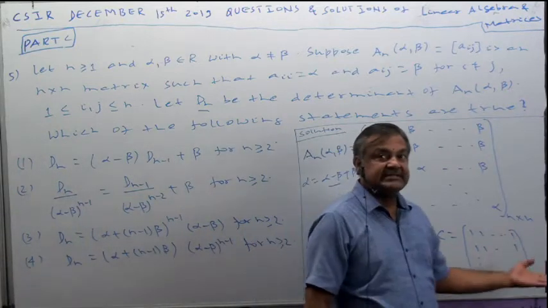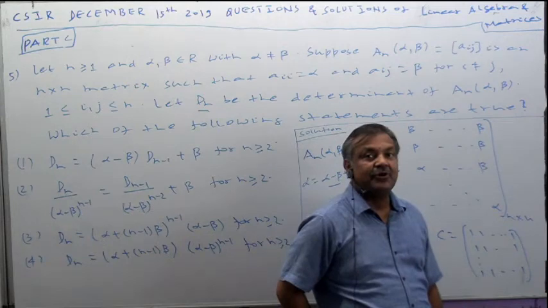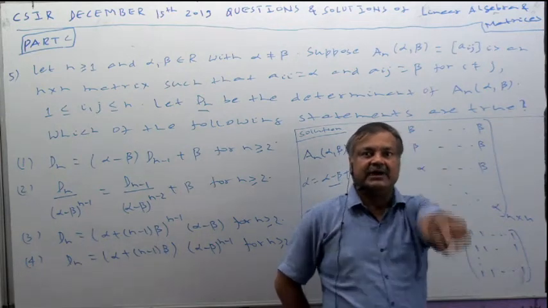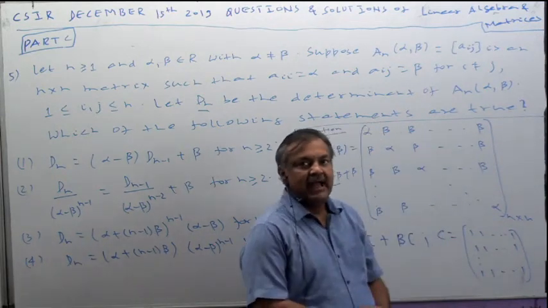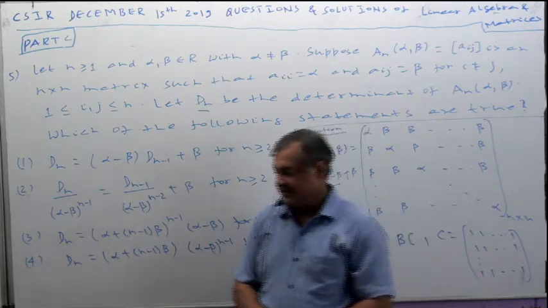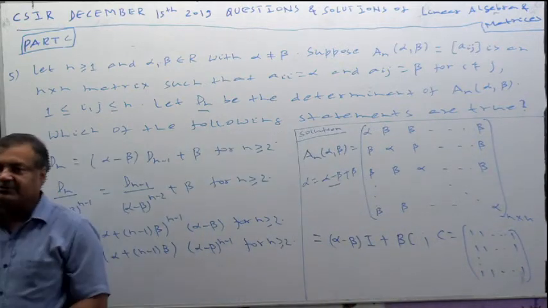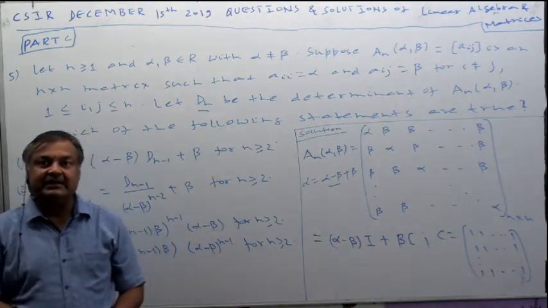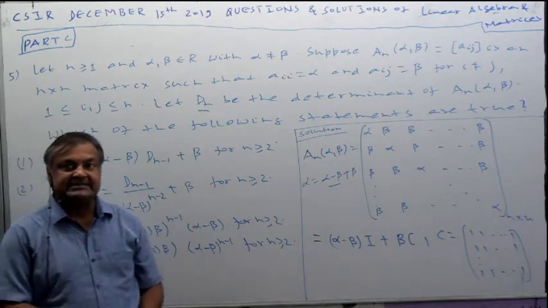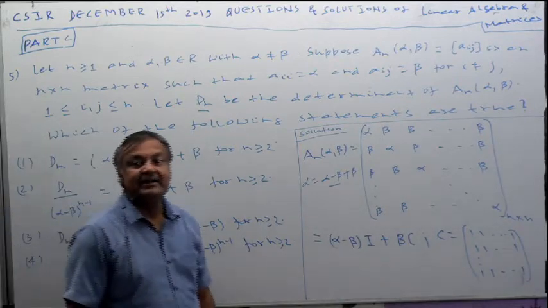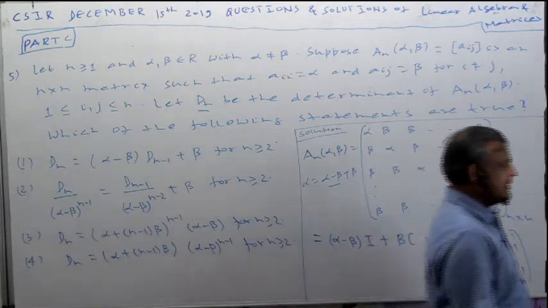And now see this. This is a real symmetric matrix of order n and rank 1. And if we have a real symmetric matrix of rank 1, then it has only one non-zero eigenvalue, and that is the trace, and the remaining eigenvalues are 0. See this.